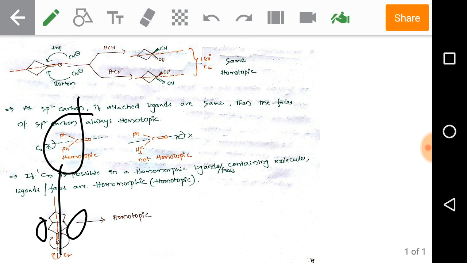So we can say simply the phases on this molecule are in a homotopic relationship. And in the next class we are going to discuss heterotopic, that means the important topics of enantiotopic and diastereotopic ligands and phases.